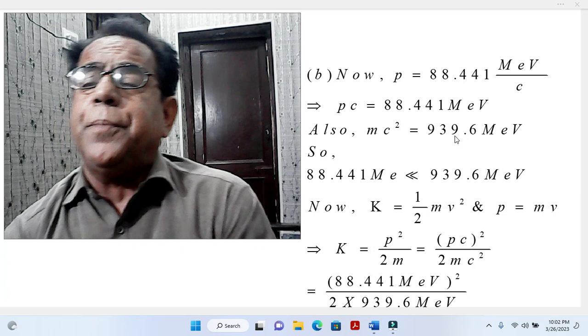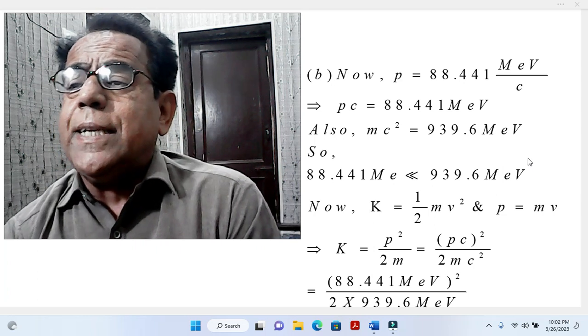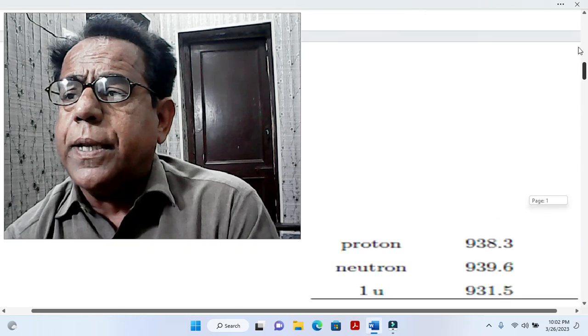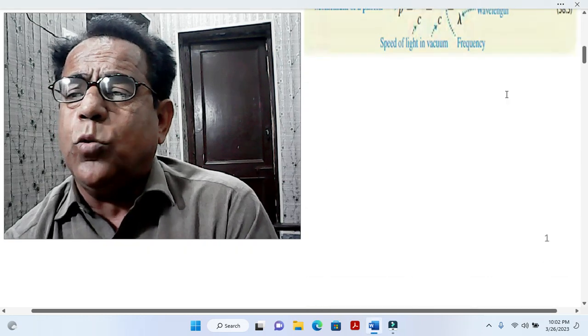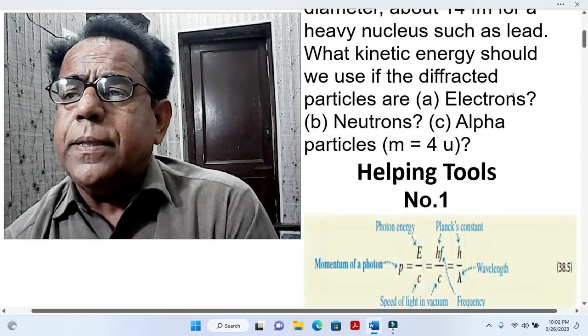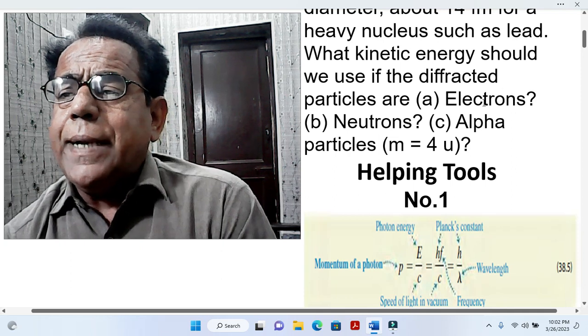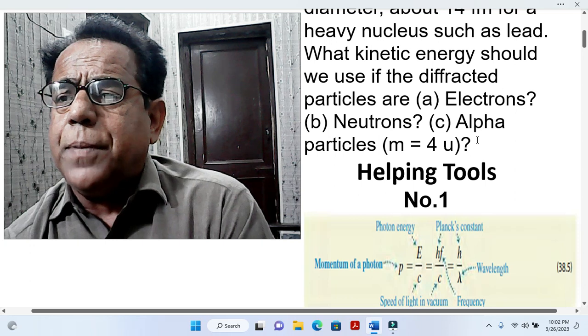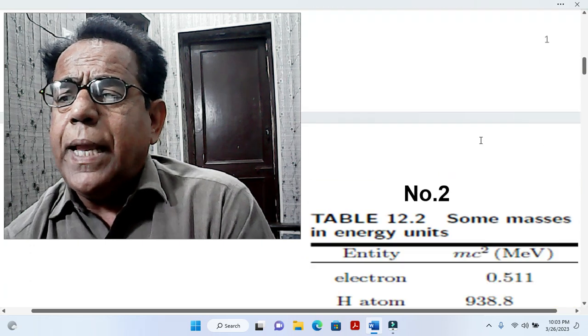What is this? Dear students, part B deals with neutron. Part A is for electrons, part B for neutrons, and part C for alpha particles. And here is the table.